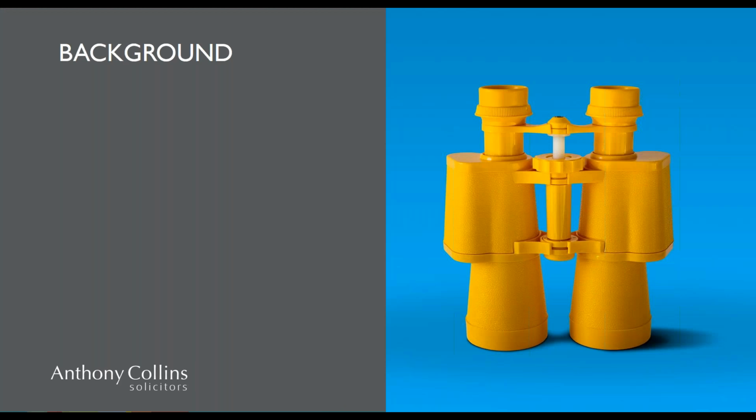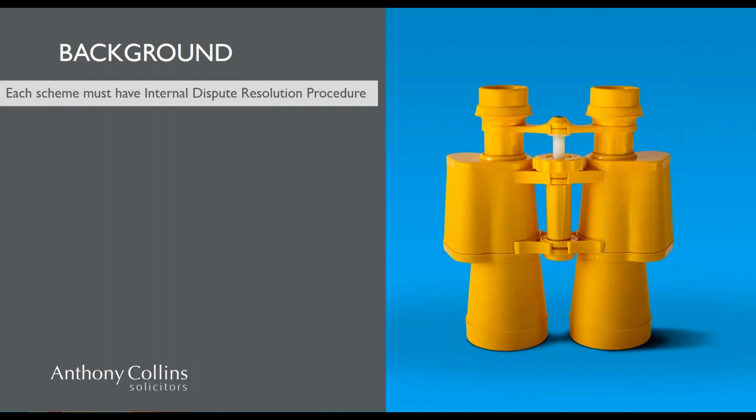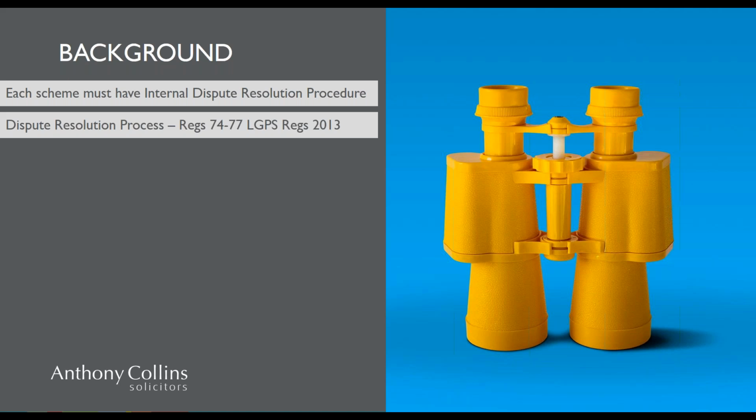So the background is that each scheme has got to have its own internal dispute resolution procedure, and that doesn't just apply to the local government pension scheme. That's something that all occupational schemes need to have under Section 50 of the Pensions Act 1995.